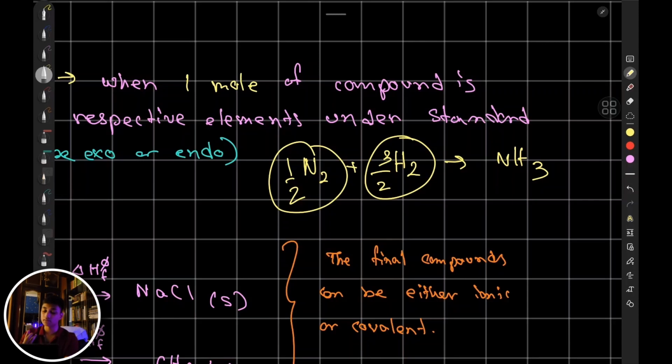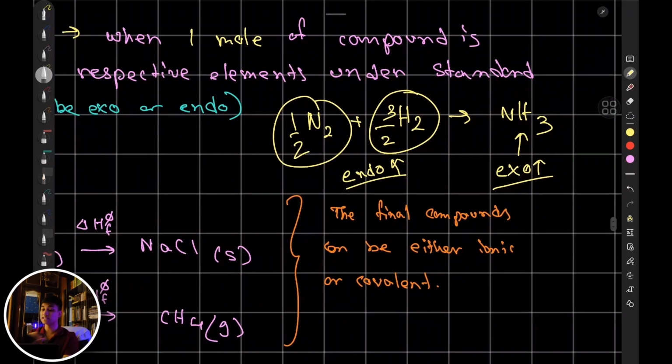Now look at this. You're breaking the diatomic molecules. And what do we know about breaking bonds? Endo. So there is an endothermic process. And forming NH3 is exo. So you don't know if the value of the endothermic process is going to be greater or the value of the exothermic process is going to be greater. The endothermic process might have a greater value.